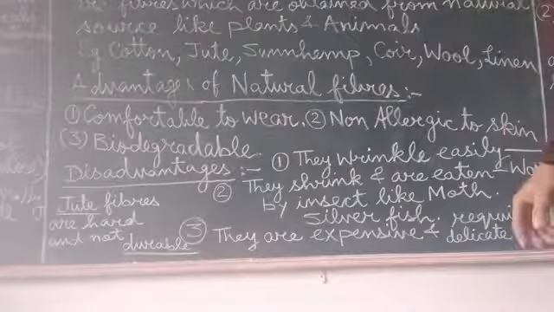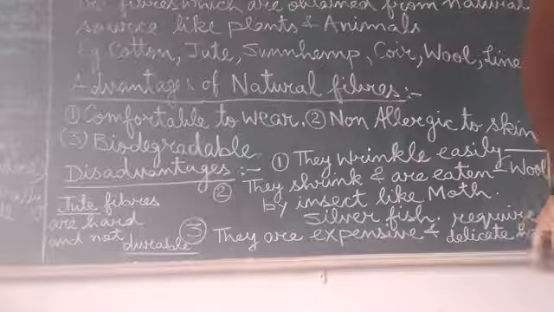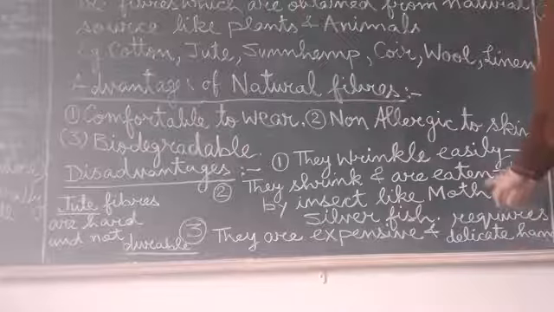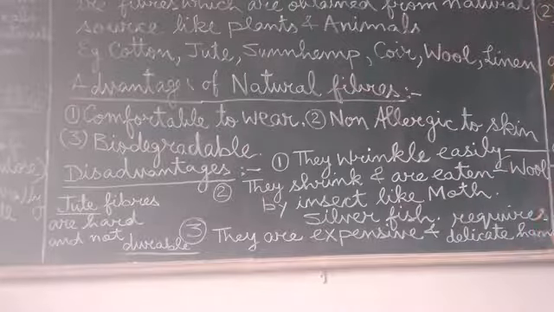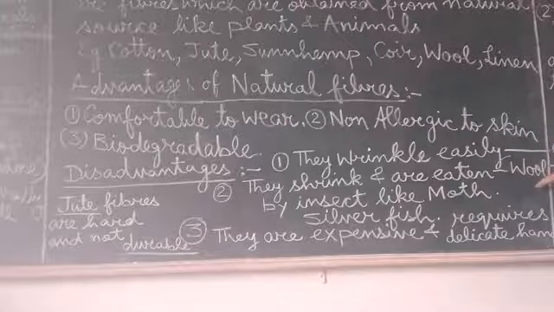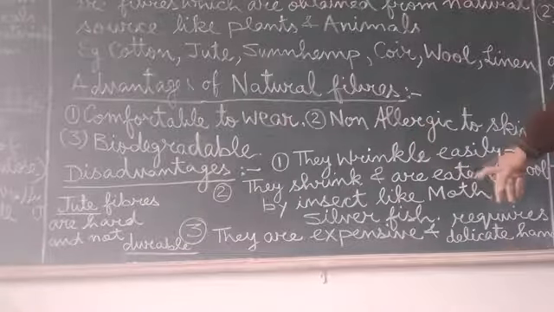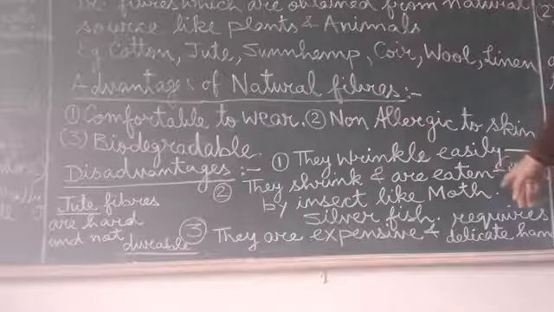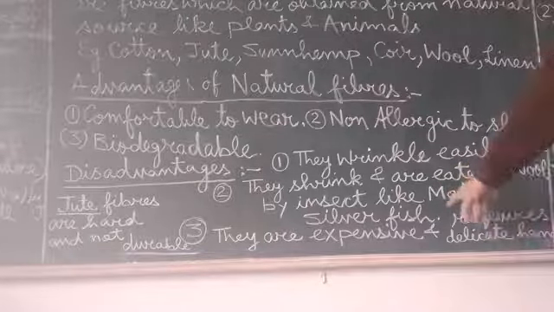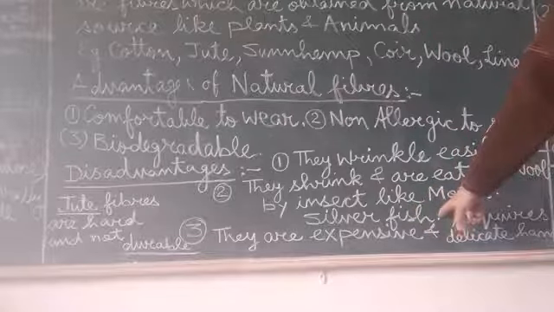Now, some of the disadvantages of natural fibers are that they wrinkle easily. For example, cotton fiber clothes wrinkle very easily. Second disadvantage: the clothes which are made from the wool fiber shrink, and they are also eaten up or destroyed by insects like moth and silverfish.